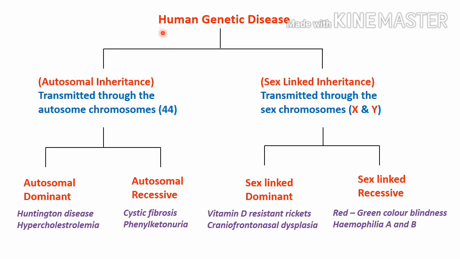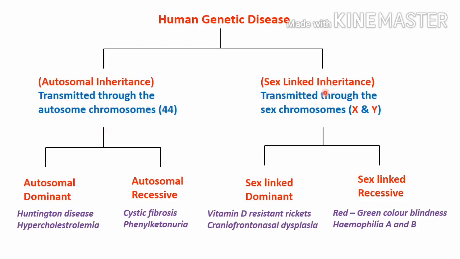This chart shows human genetic diseases grouped on the basis of the vehicle of inheritance, that is, autosomal inheritance and sex-linked inheritance. Autosomal inheritance is when the diseased gene or character is transmitted through autosomes: any of the 44 chromosomes, either the homologous pair or any single chromosome of a homologous pair, may transfer a diseased gene to the offspring.